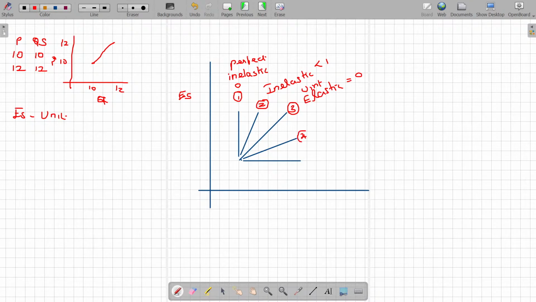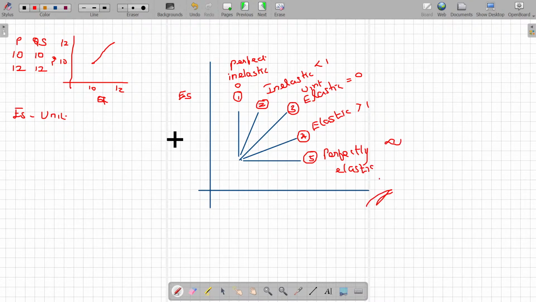What about this scenario? More than 1. Okay, elastic. Elastic, more than one case. What about the fifth case? Perfectly elastic. So here the scenario being infinity.